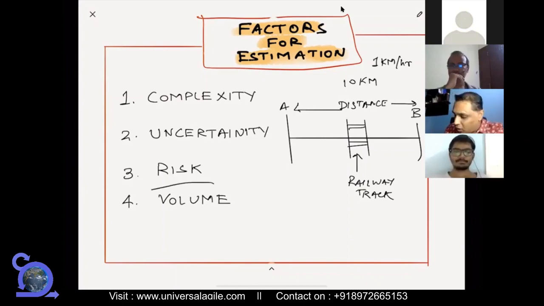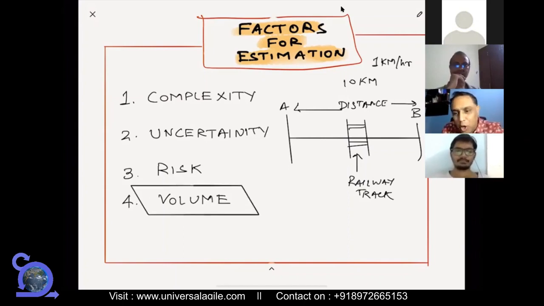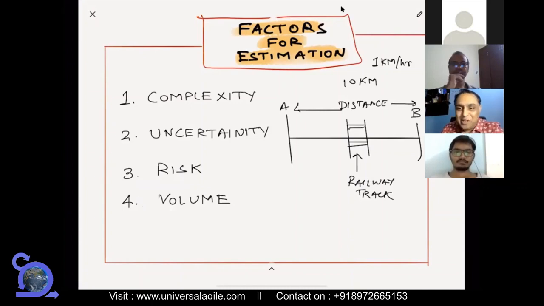So what are you doing right now? You're only considering volume. You're not considering anything else right now. Make sense? But unfortunately, in real life, it doesn't work like that, isn't it? So let's say you started walking or bicycling or whatever it is, your mode, and you come to this railway track.